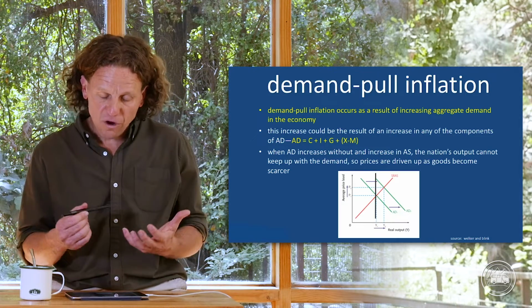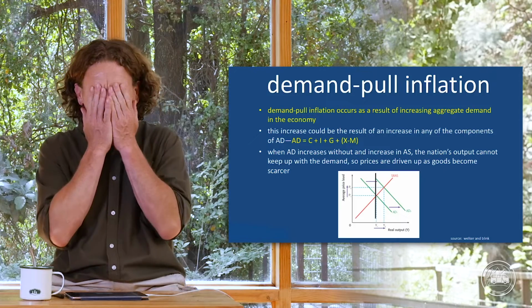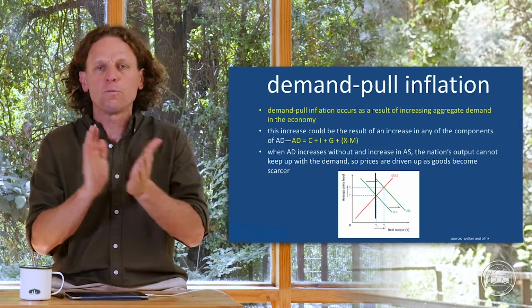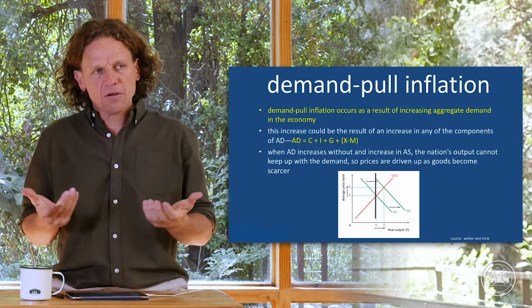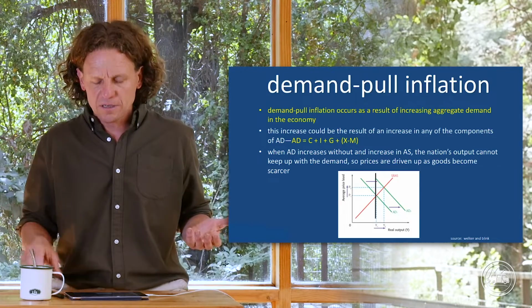So how do you draw demand pull inflation? You close your eyes and you go neoclassical model, the rule of 10. And then you think, an increase in demand pull, so that means aggregate demand went out.